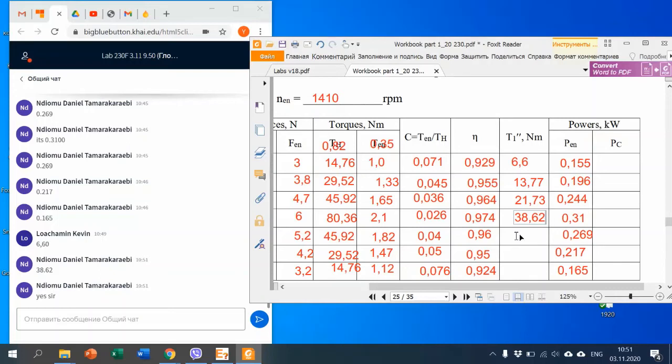Next. It should be the same, yeah? No, the efficiency is different. 21.59. 0.59.